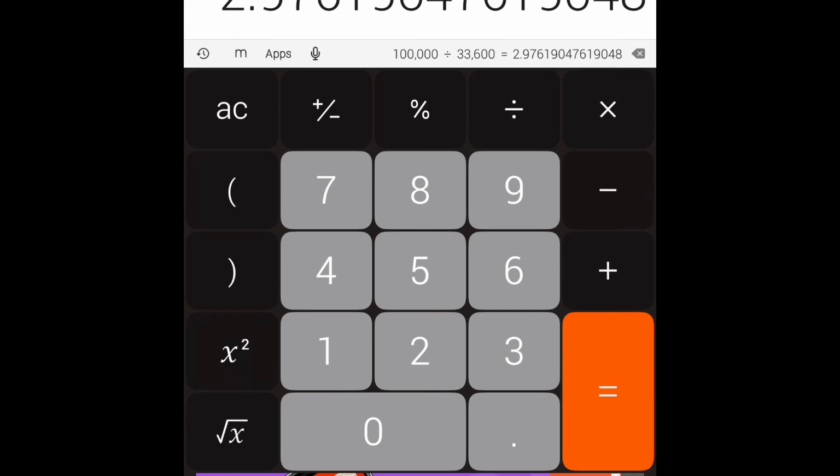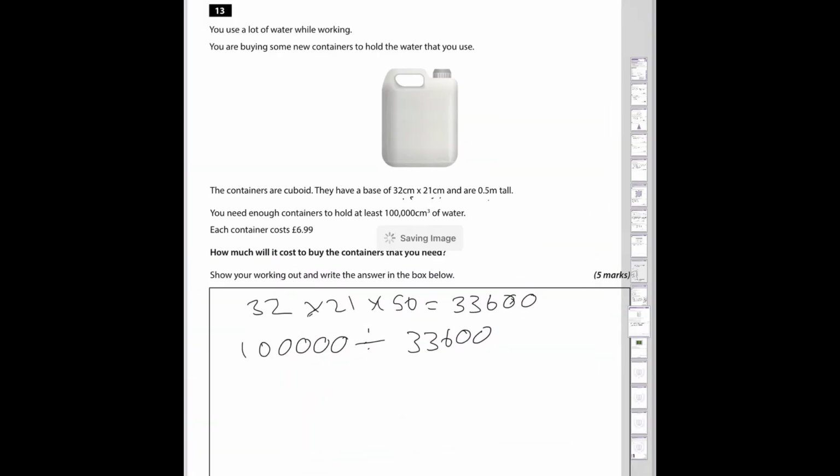That's 2.98. We'll round that up to a full number because we can't have part of a container. So we need 3 containers.